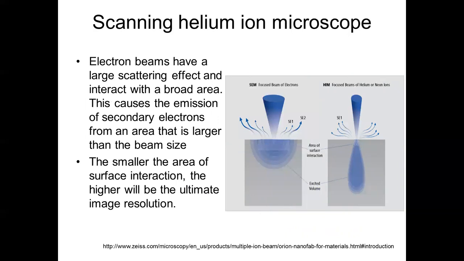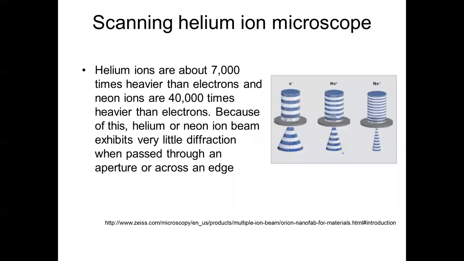But with the smaller beam spreading of the helium ions, we're able to get better resolution from the sample. Helium ions are about 7,000 times heavier than electrons, and neon ions, which are another possible source in the system, are 40,000 times heavier than electrons.